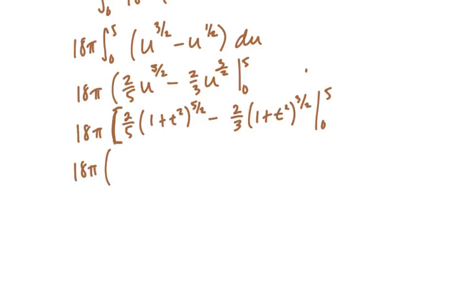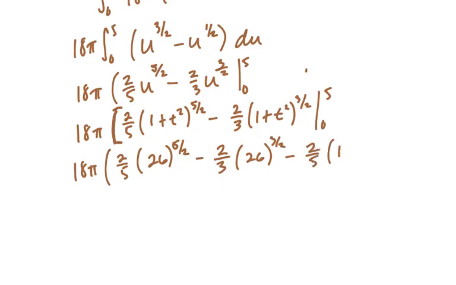So let's put in 5, and we have 2/5, 5 squared is 25 plus 1 is 26 to the 5/2 minus 2/3. Again, we have 26 to the 3/2 minus 2/5, 1 to the 5/2 plus 2/3, 1 to the 3/2. Remember, we're distributing that negative there. So that's why we have a minus and then a plus there.